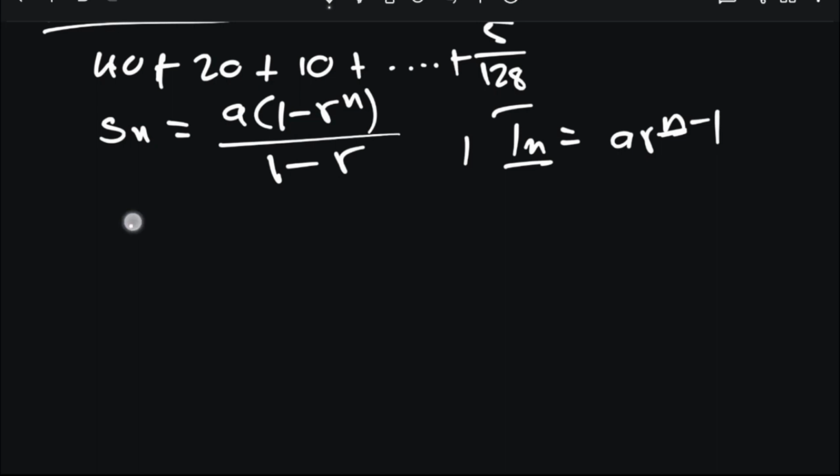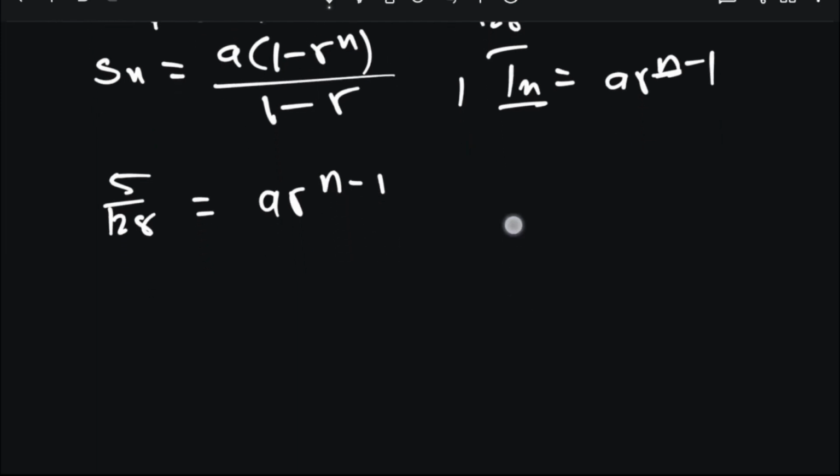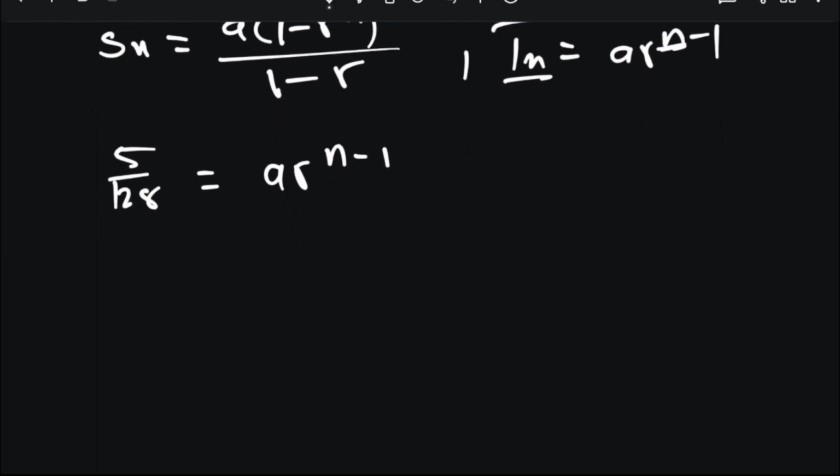So we have 5 over 128, which is our Tn, is equal to a times r to the power n minus 1. We know the value of a is 40.